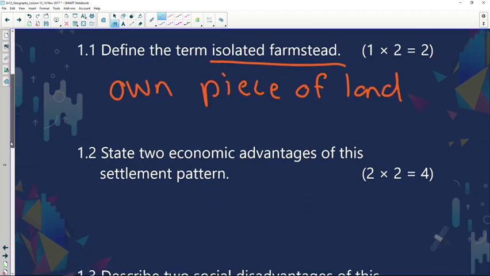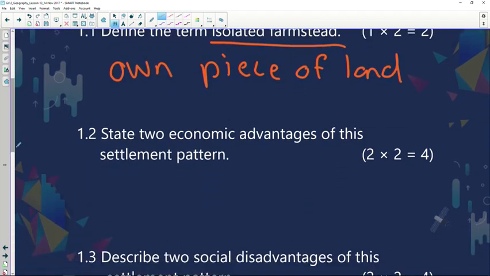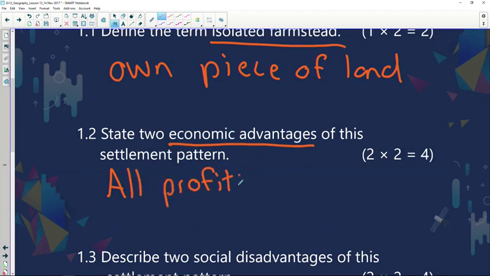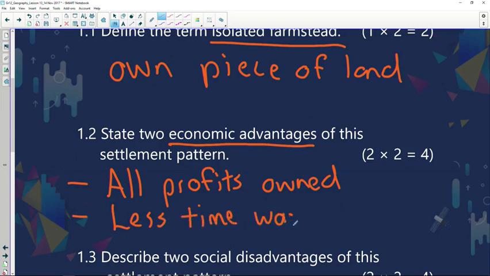Now if you look at question 1.2, state two economic advantages of this type of settlement. Now first of all, all profit is owned by the farmers. Second of all, there's less time wasted for traveling to work and back.